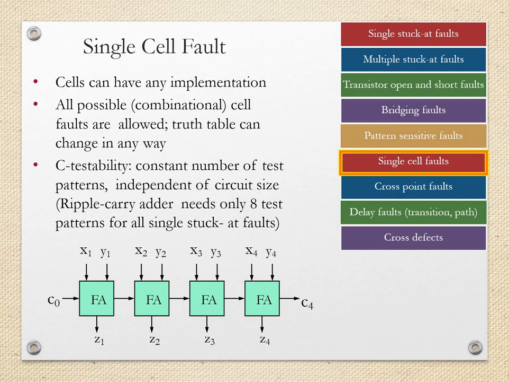Output carry of the first full adder will act as an input carry for the next, and finally C4 is the final carry output from the last adder. So out of these, if any one cell is faulty, then that fault will get propagated.